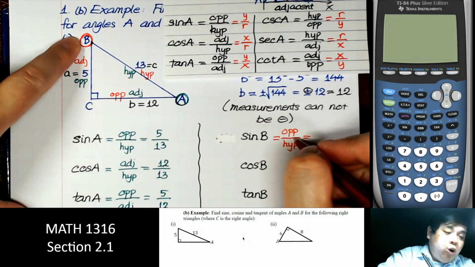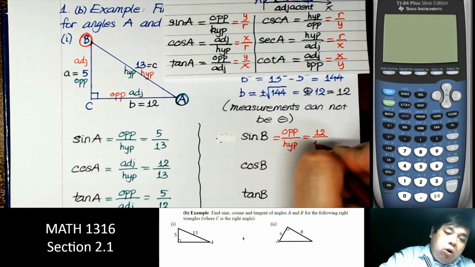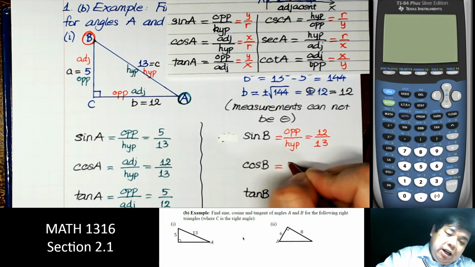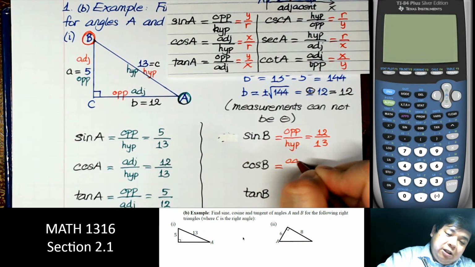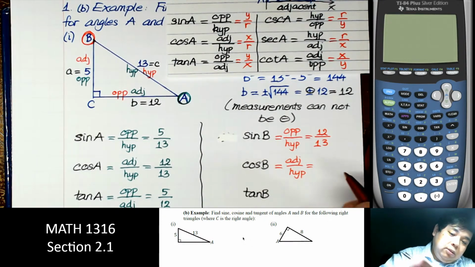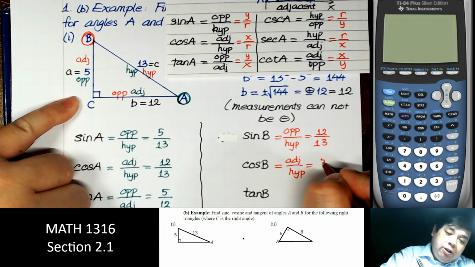Opposite with respect to angle B is 12, and hypotenuse is 13. Cosine B is adjacent over hypotenuse. Adjacent with respect to angle B is 5, so 5 over 13.